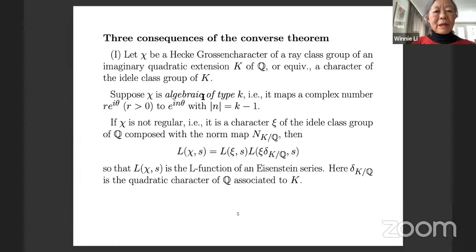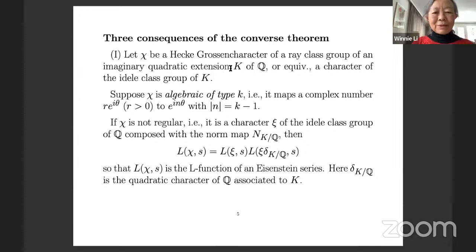The first: let's take a Hecke-Grossencharacter of a ray class group of an imaginary quadratic extension K of Q. So this chi is defined on the integral prime ideals, and it should take value 1 on the principal ideal which has a generator congruent to 1 modulo some prescribed integral ideal, and also maybe some positivity conditions at the real embedding.